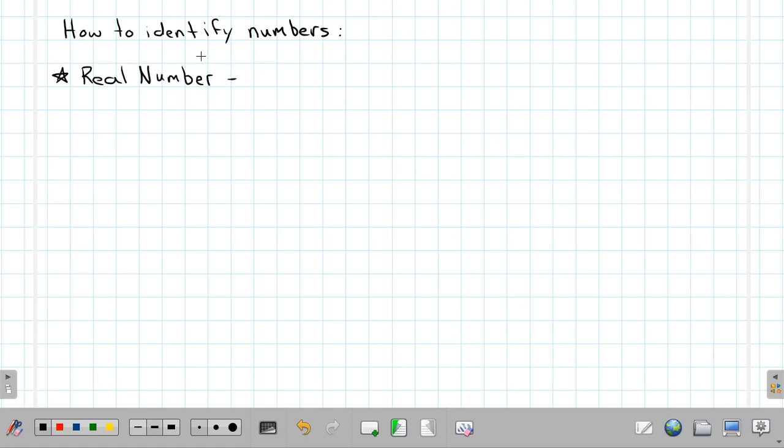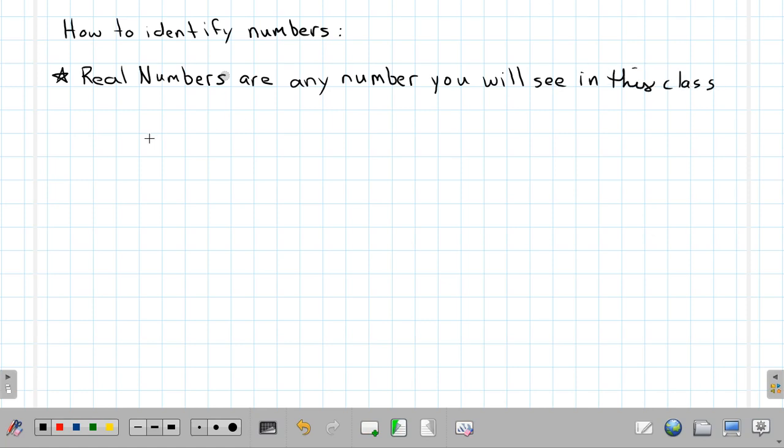So let me put it this way. Real numbers are any number you will see in this class. So once again, anything that we've seen.